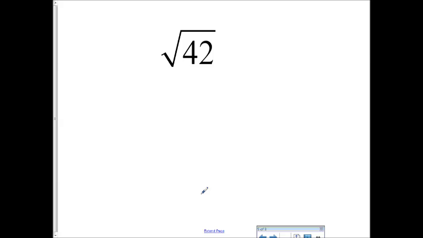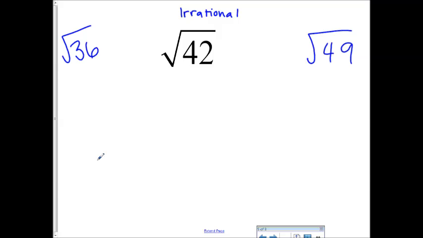Let's look at the square root of 42. This is definitely irrational. No number times itself equals 42. Therefore, it's irrational. But we can find a rational number that is close. The square root of 42 is between the square root of 49 and the square root of 36.